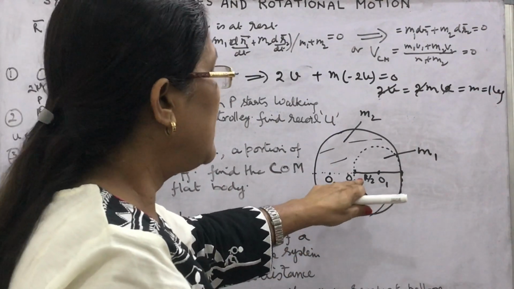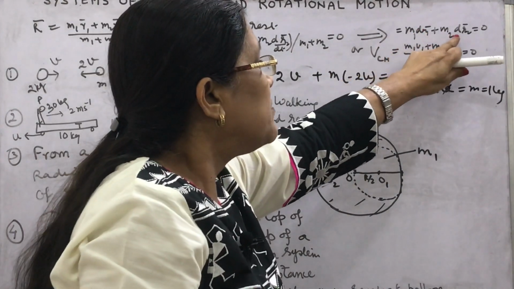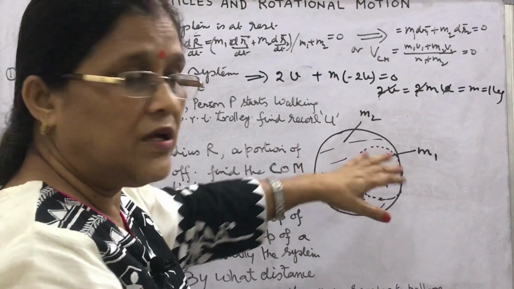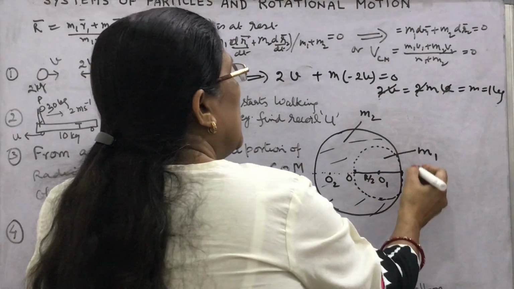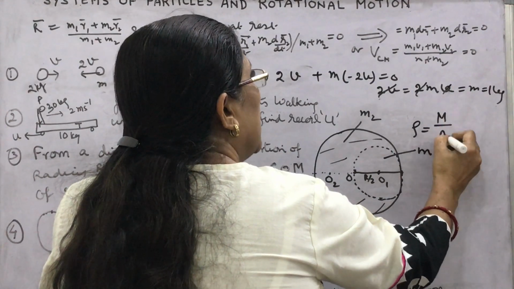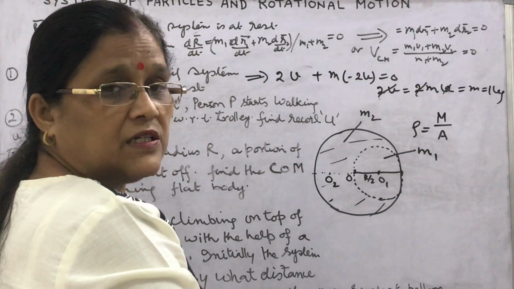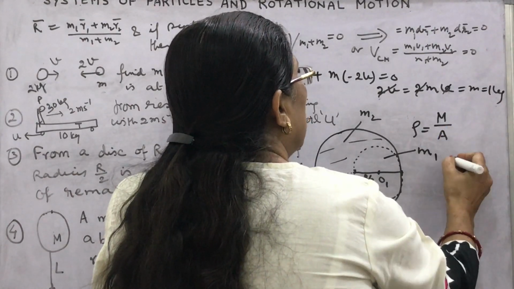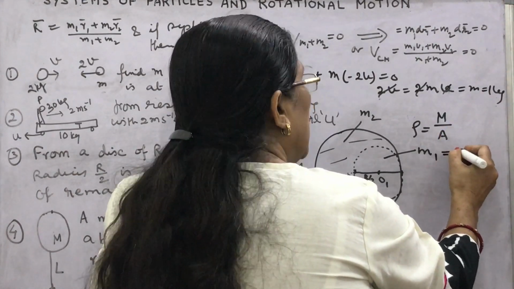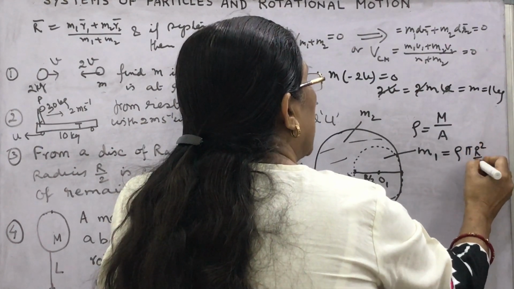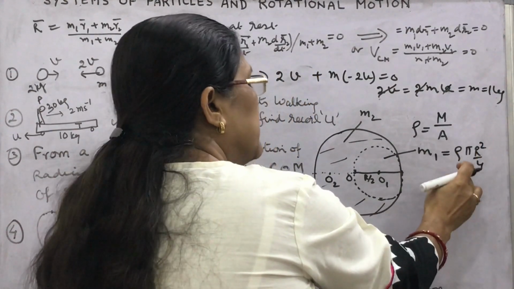Simply again, m1r1 plus m2r2 equal to 0. Apply this concept here. What will be here? If you know sigma is given by mass upon area, this is the surface mass density. So you find M1 using this formula. M1 will be sigma pi r square by 4, that is, r/2 whole square.